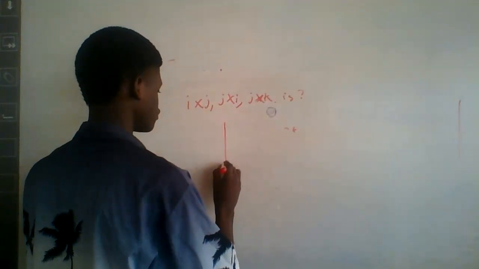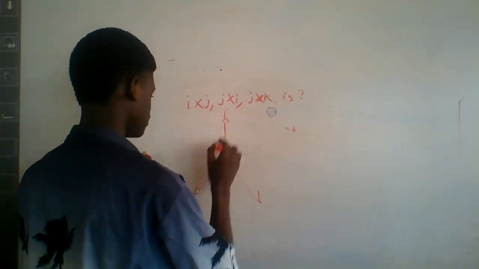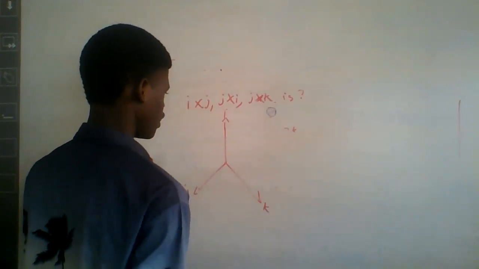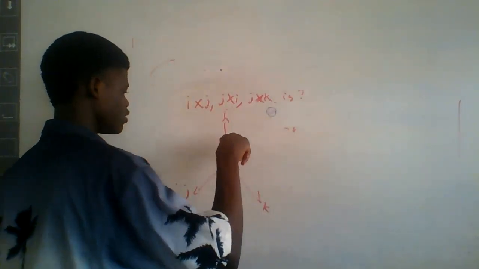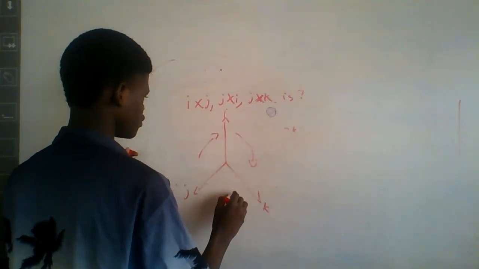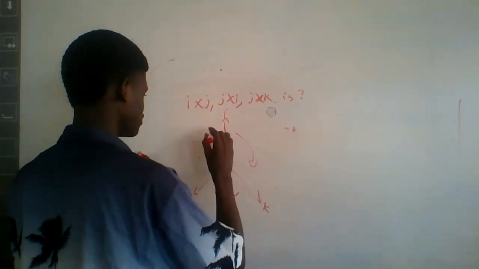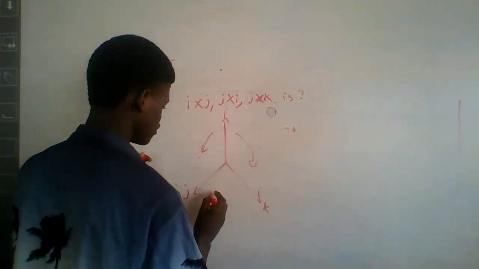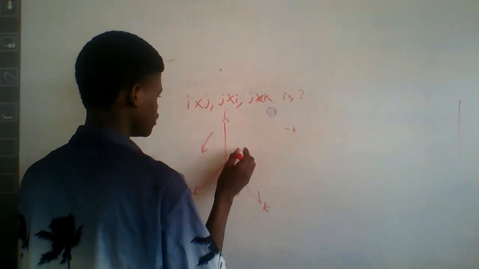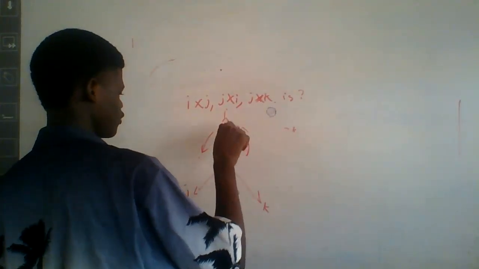This is the vector circle: I, J, K, and it is moving anti-clockwise. Anti-clockwise is moving like this.